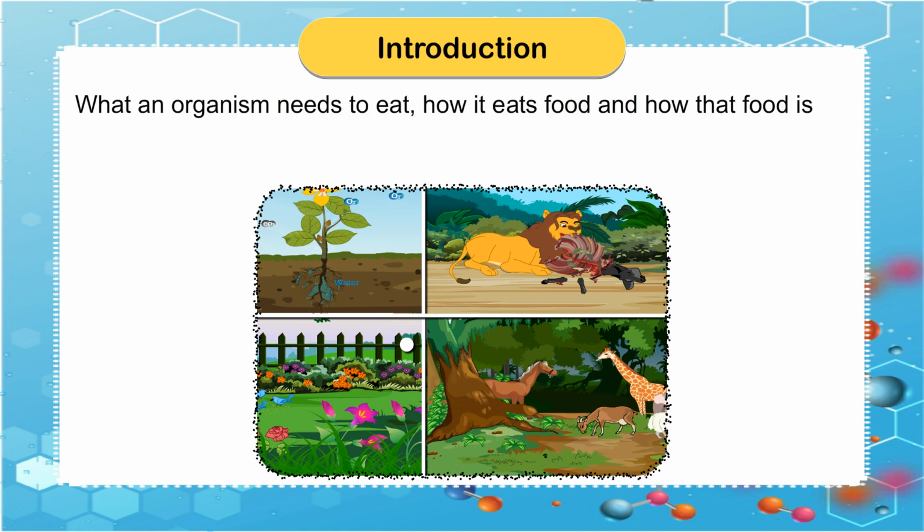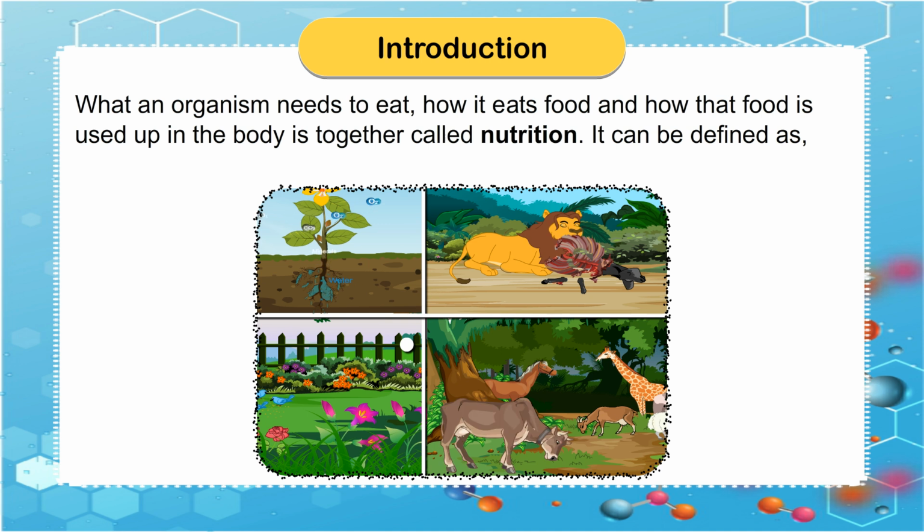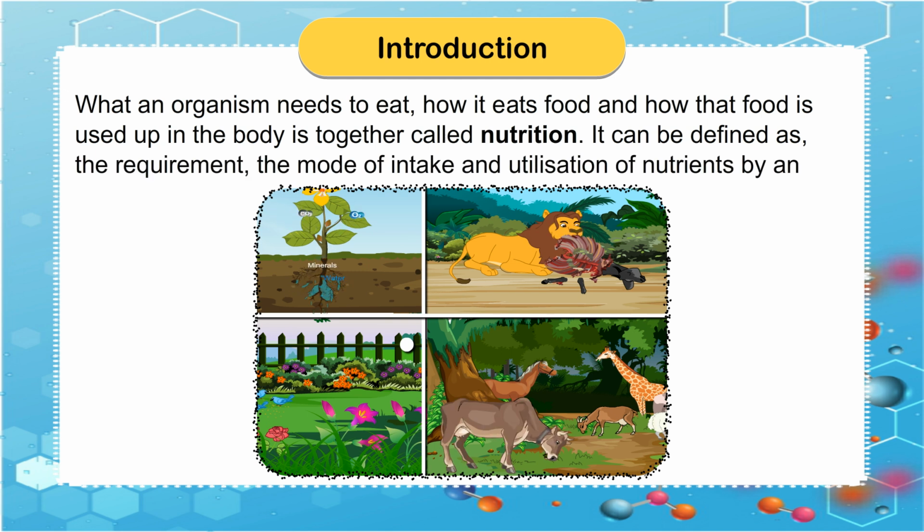What an organism needs to eat, how it eats food and how that food is used up in the body is together called nutrition. It can be defined as the requirement, the mode of intake and utilization of nutrients by an organism.